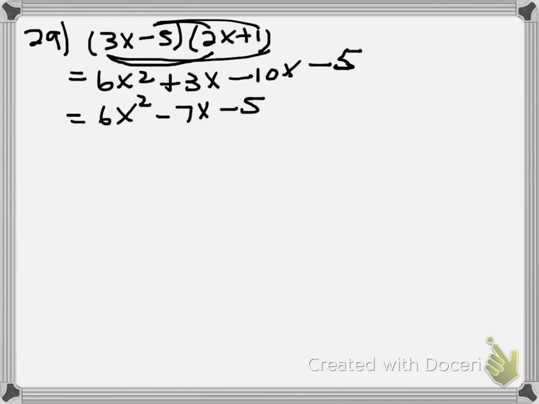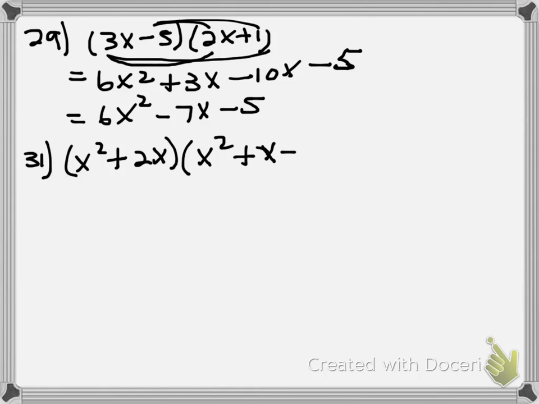31 has two terms times 3 terms. Alright, let's do 31 here. We have x squared plus 2x times x squared plus x minus 3. As I told you, you can distribute, FOIL it out, but it is so much easier if we do it this way. Let's do this in red.